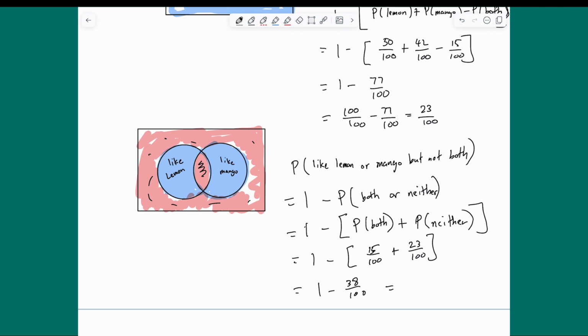And then 1 minus 38 over 100 would be 62 over 100. And let's just reduce that fraction. 62 over 100, clearly a 2 goes in. So that would give us 31 over 50. And that's how you do that example.